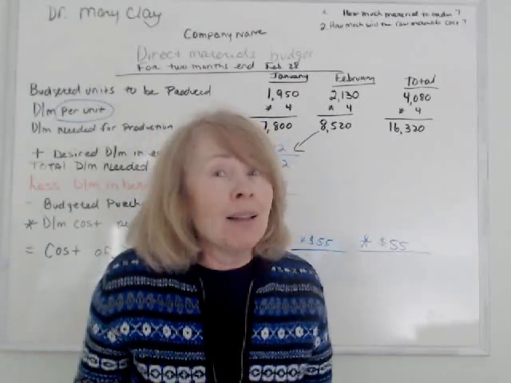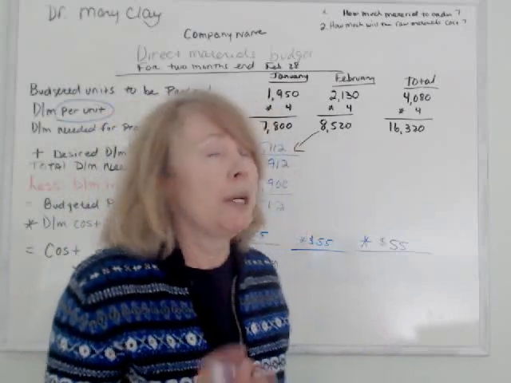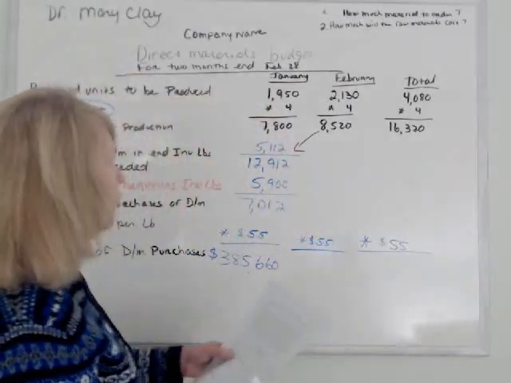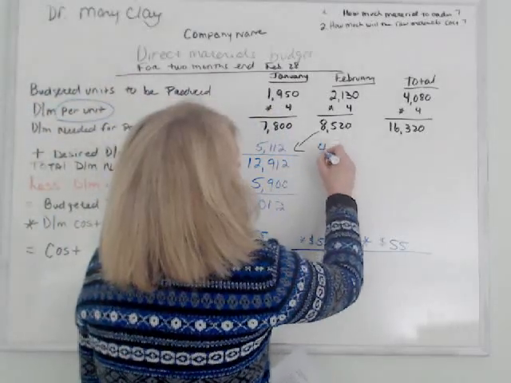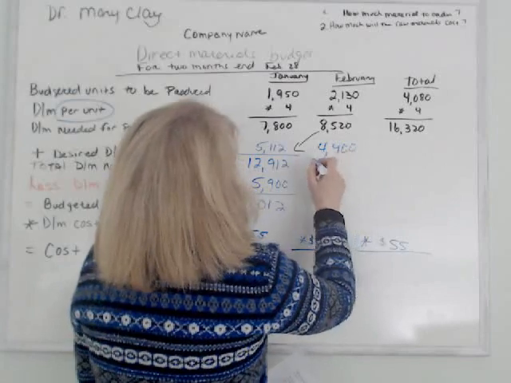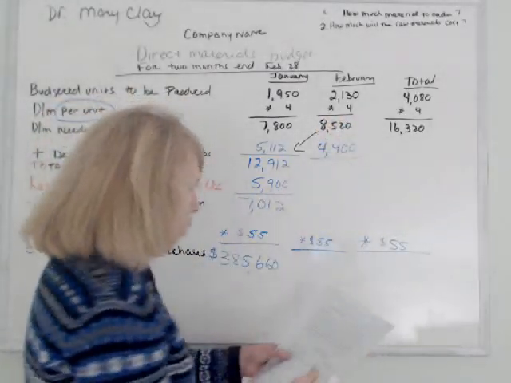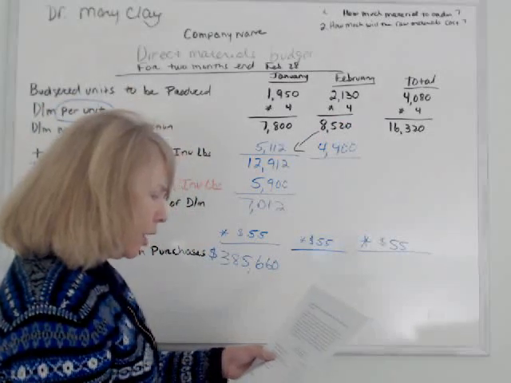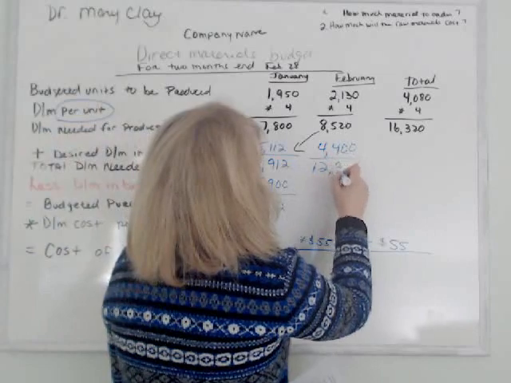If it didn't tell us, it would have to give us March's. But it did give us the desired ending balance, 4,400. So I'm going to add these, 8,520 plus 4,400, and that gives me 12,920.